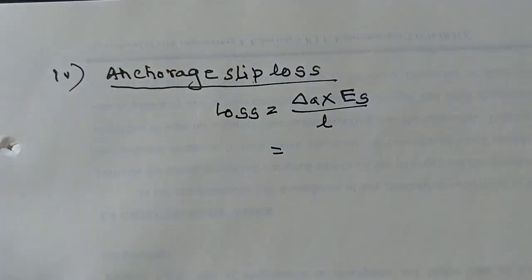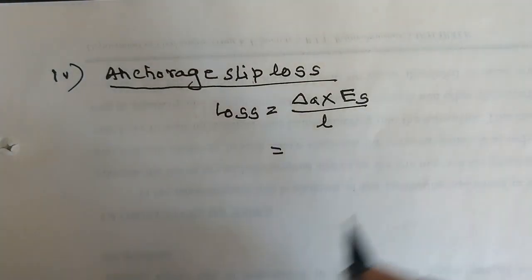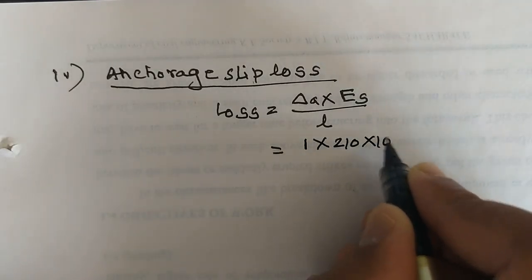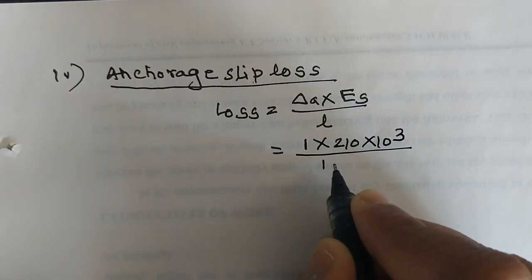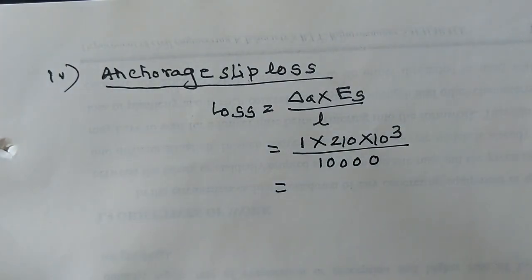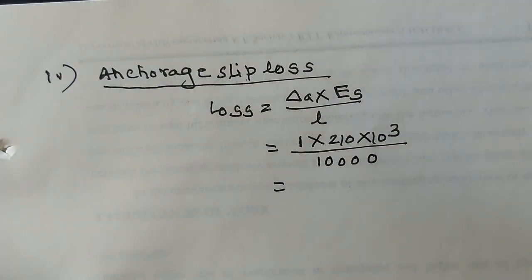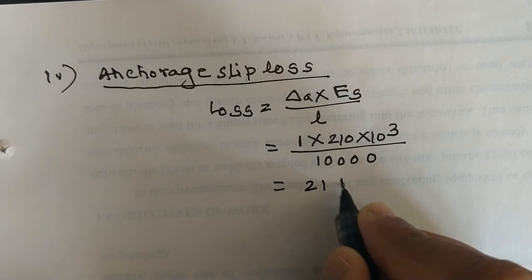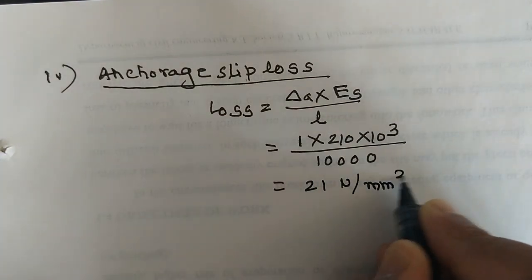The anchorage slip is given in the question: 1 mm, multiplied by Es, which is 210 into 10 raised to 3, and the span of the beam is 10 meters. Here you have to put the value in mm. So 210 times 10 raised to 3 divided by 10,000. The answer is 21 Newton per mm square.